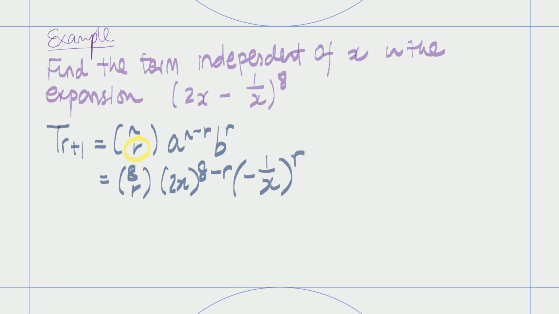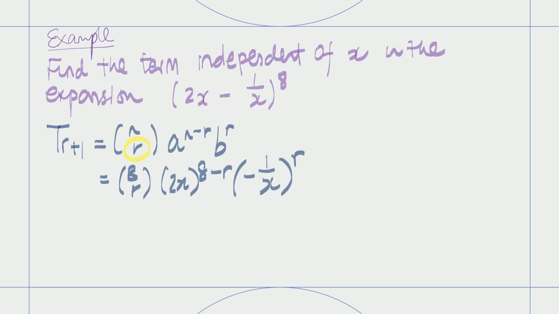So this is what we know so far. Our job here is to locate the term first, that means locate the position. This independent term is at which position?